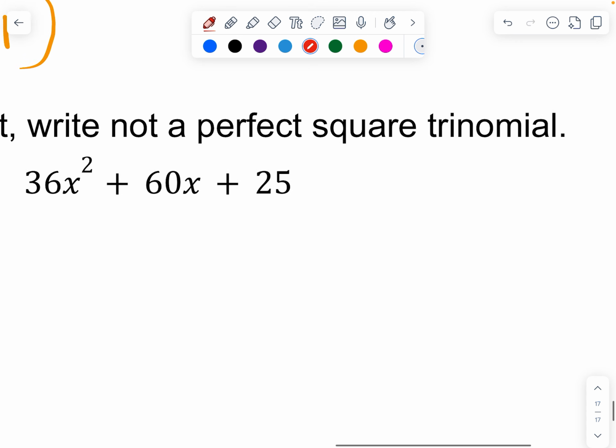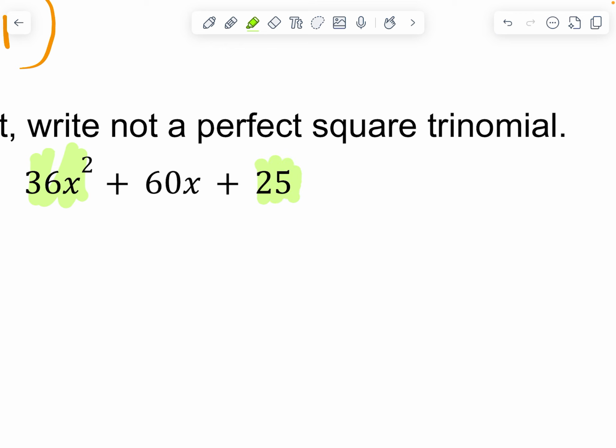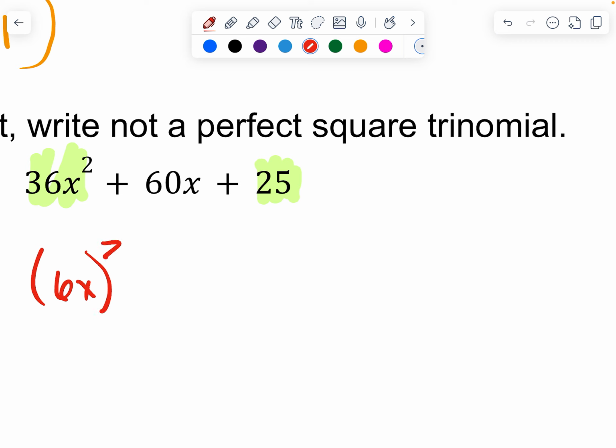This one. Is this a perfect square? Is this a perfect square? Yes. So I'm going to take 6x and I'm going to square it. I'm going to take 5, and this is positive, so I'm going to leave it as a positive.